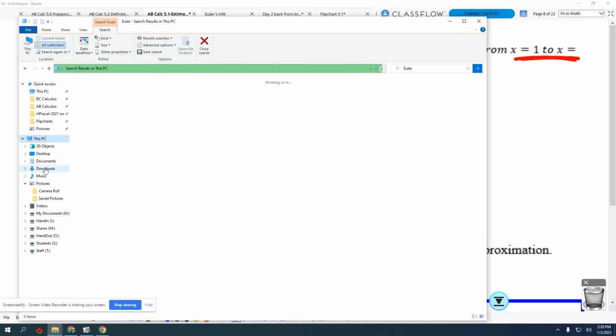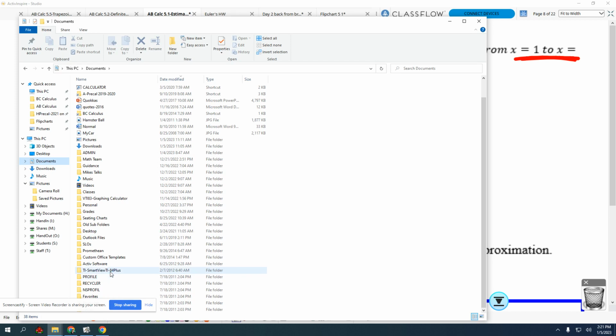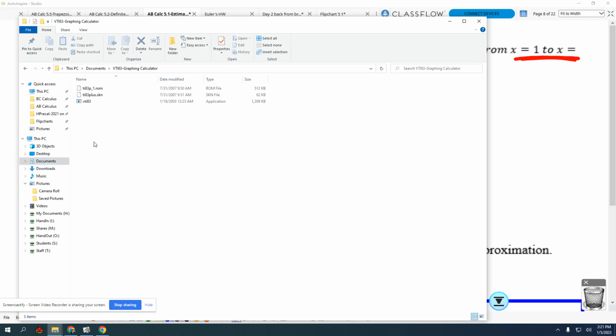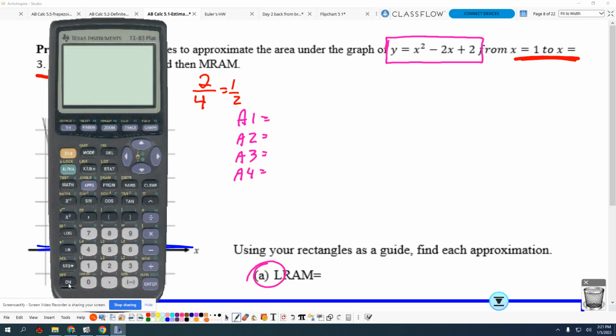Bringing up a calculator. So going to y equals, putting in x squared minus 2x plus 2. And do you guys know the quick way to tell the table to give you nice numbers or the numbers you want?